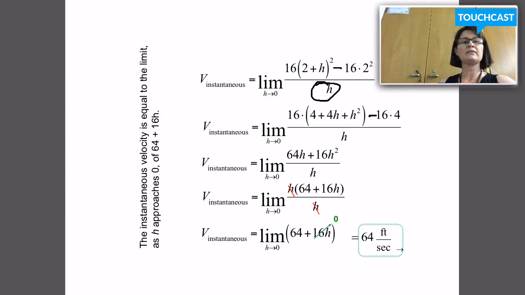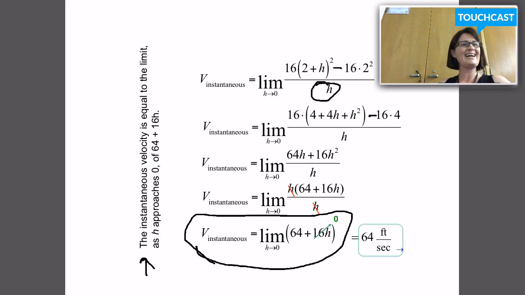So what I read here, and you can see I've written it at the side, if I was going to say that last line at the end using limit notation, the instantaneous velocity is equal to the limit as h approaches 0 of 64 plus 16h. So the velocity is 64 plus 16h with the idea that h is going to get closer and closer to 0.